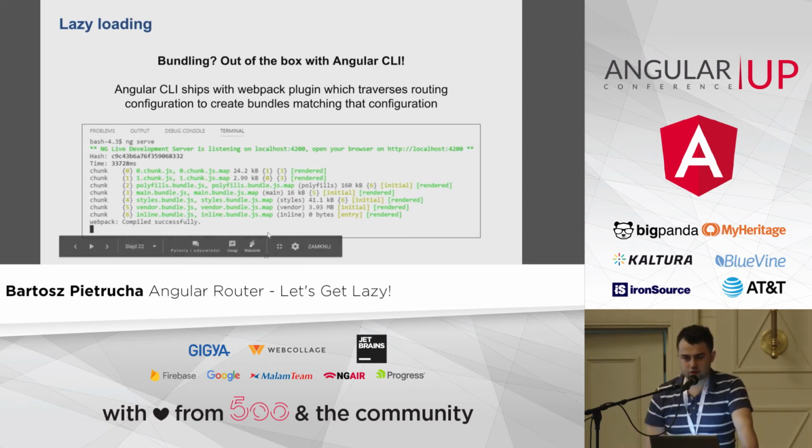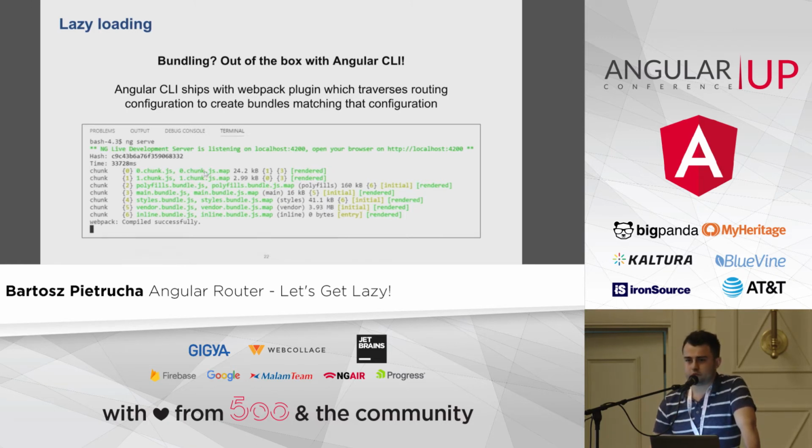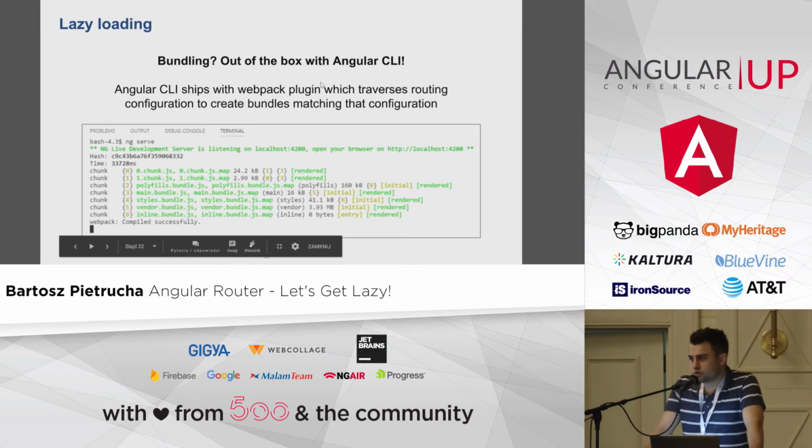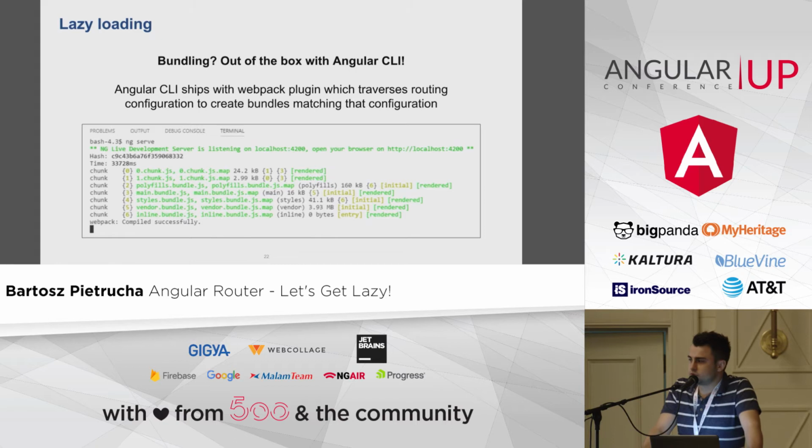So you see that this is the output of the building process, of serving process, and you see that there are a couple of chunks actually emitted by the Webpack, and they match actually our lazy loaded modules. So the cool thing is that we don't have to worry about the bundling. Once again, if you use Angular CLI, everything is done out of the box for you.